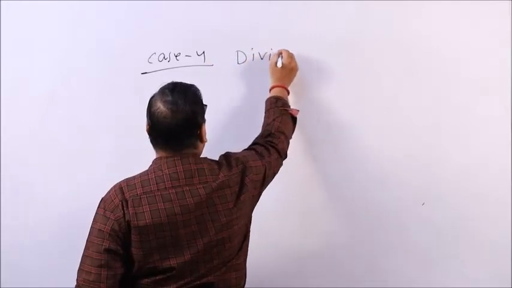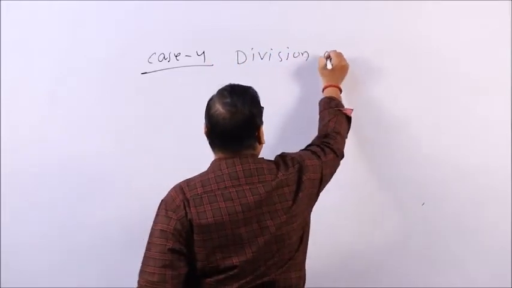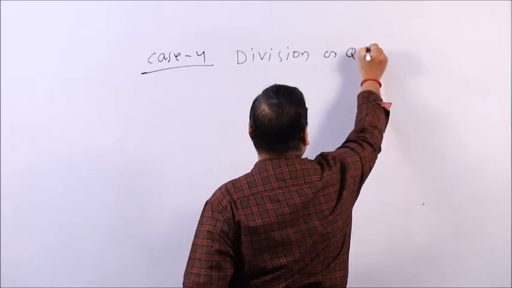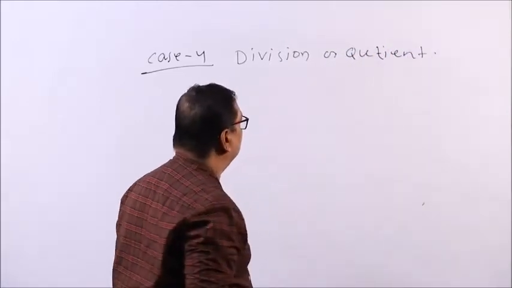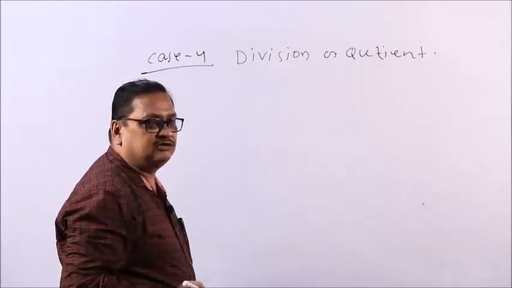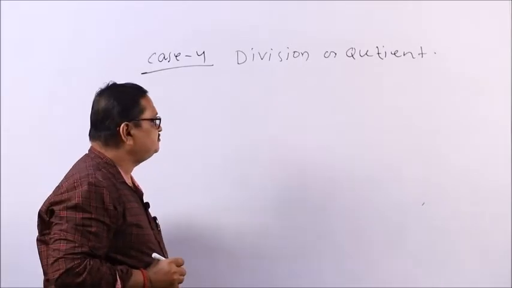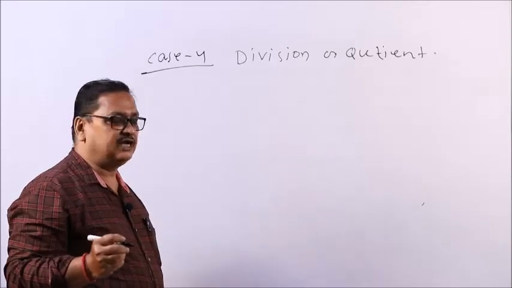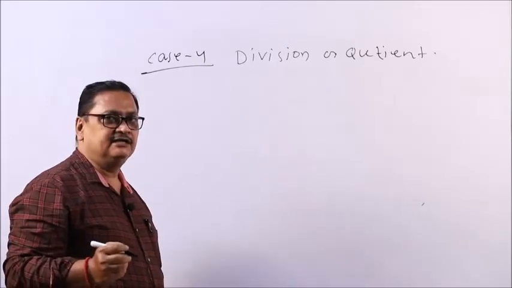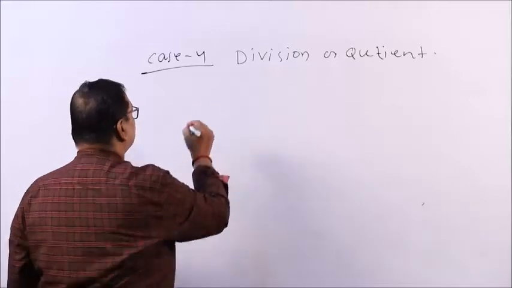division or quotient. Similarly, you take two quantities a and b, and the true value and measured values are a plus minus delta a and b plus minus delta b.